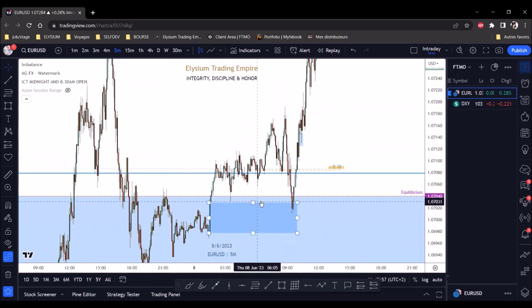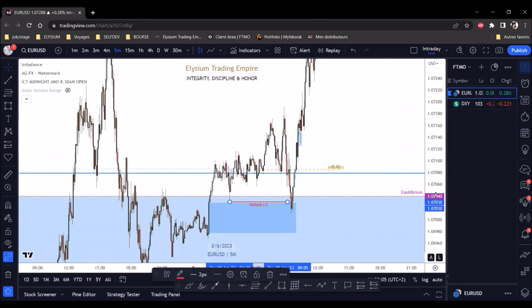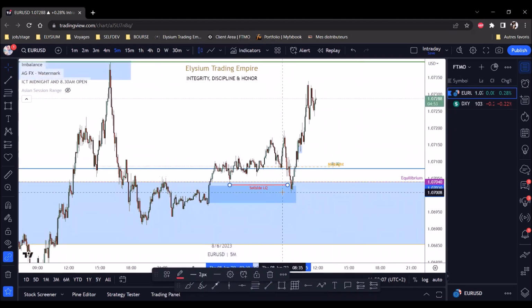So everything aligns in this trade, and you have a draw on liquidity. This is very important also. ICT always talks about this, draw on liquidity. And in my way of trading, it's important also because this is what sets the stop losses above, okay, in the algorithm.